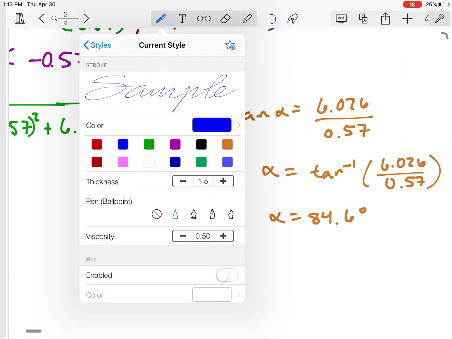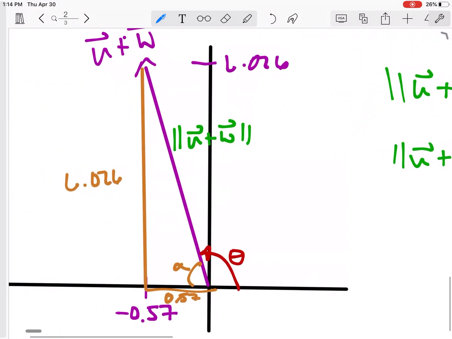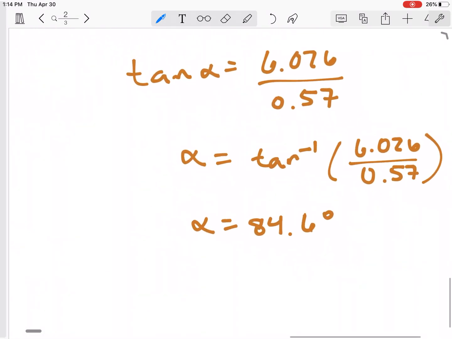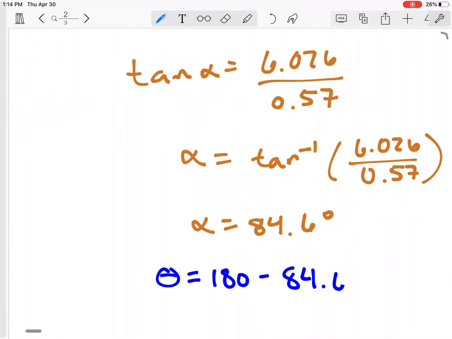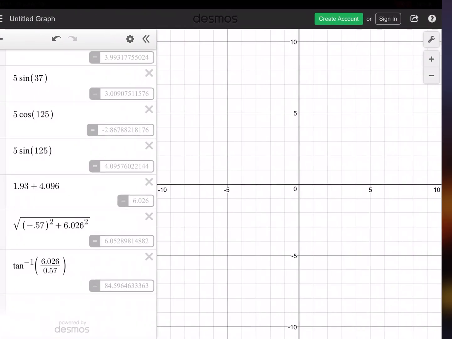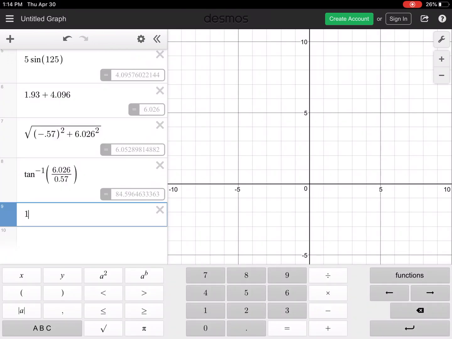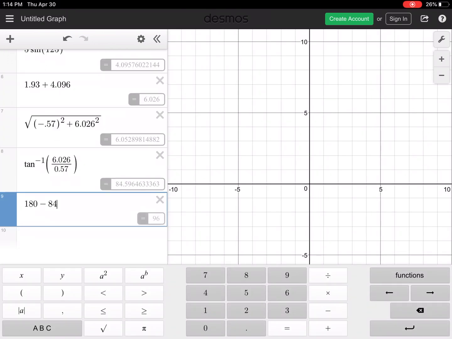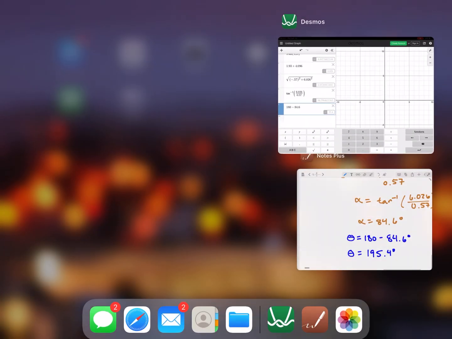Last step, and we're done. We know that this is in quadrant 2, so theta should be 180 degrees minus alpha, minus 84.6 degrees. Therefore, theta is about 195.4 degrees. Did I do that right? 180 minus 84.6 is 95.4 degrees.